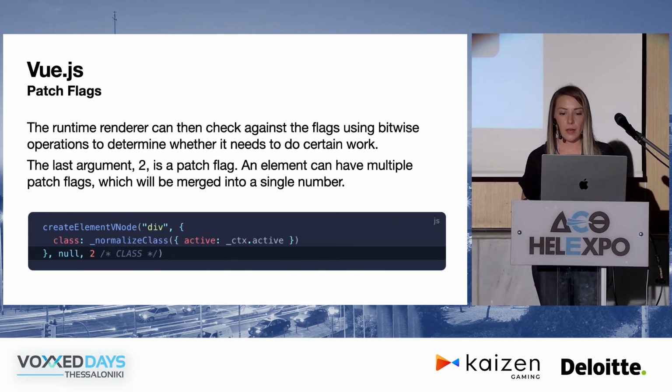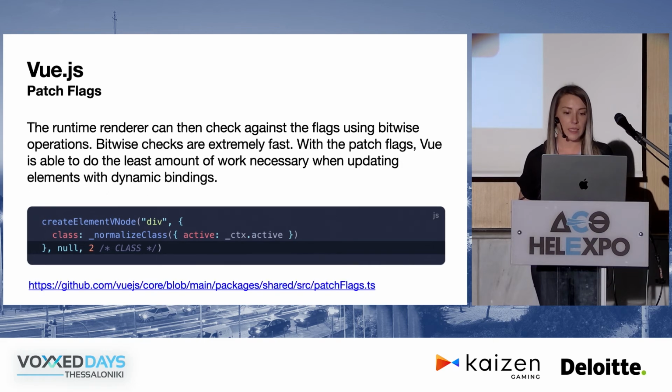This is a patch flag, and this number means something specific to the framework itself. If there are many updates that an element needs to receive, this number will be merged into a single one. And this is done by using bitwise operations.